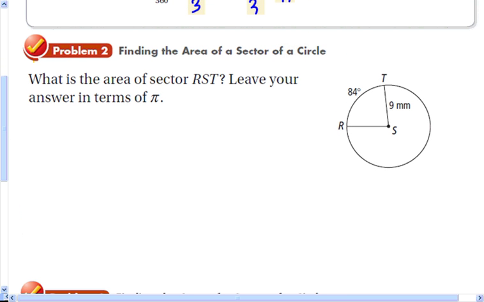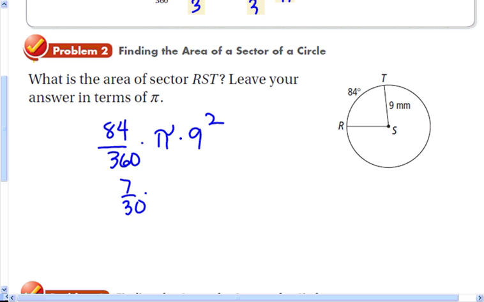What is the area of the sector of RST? Leave your answer in terms of pi. So we're going to do the sector, 84 out of 360, times pi r squared, and r is 9. We want to leave it in terms of pi, so we're just going to simplify 84 over 360 as simple as we can get it, and that's 7/30.